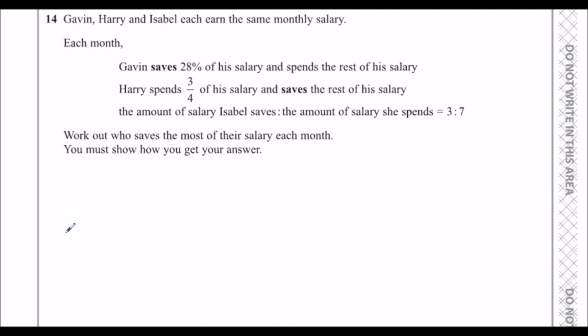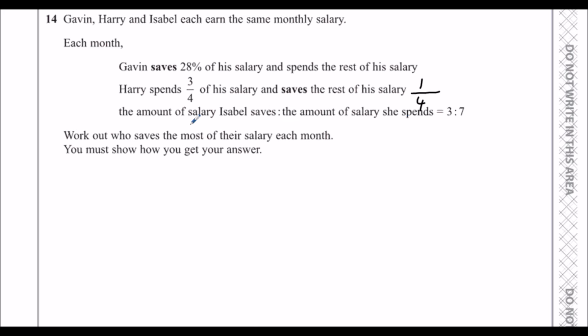Question 14. Gavin, Harry and Isabel each earn the same monthly salary. So each month Gavin is going to save 28% and spend the rest. Harry spends 3/4 and saves the rest. So if he spends 3/4, that means he must save 1/4, because 3/4 and 1/4 make a whole.